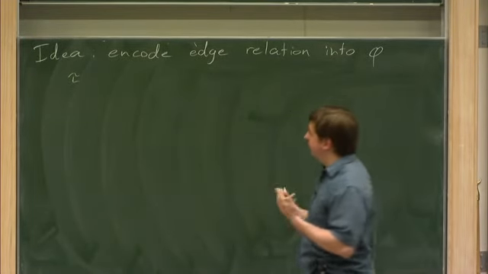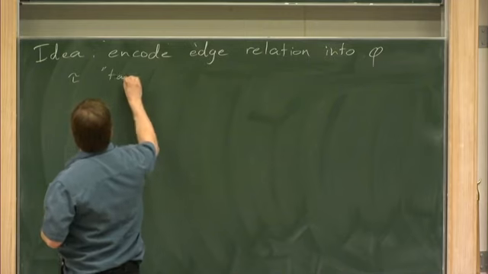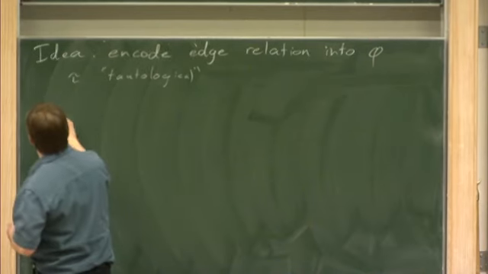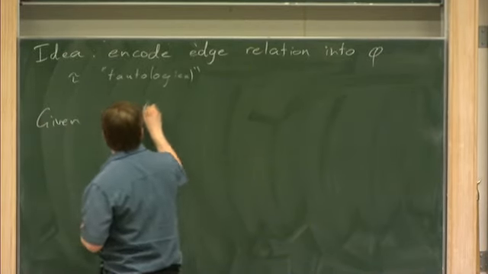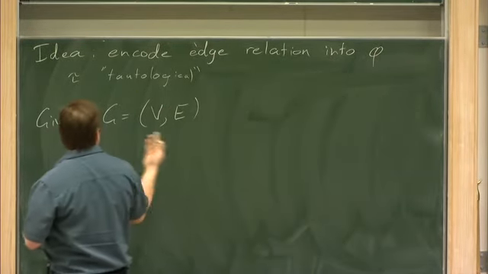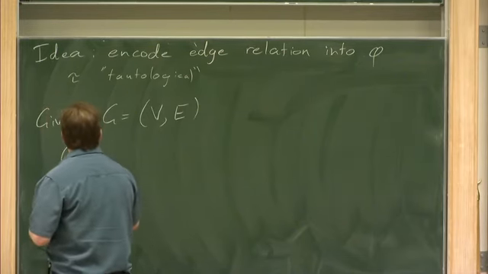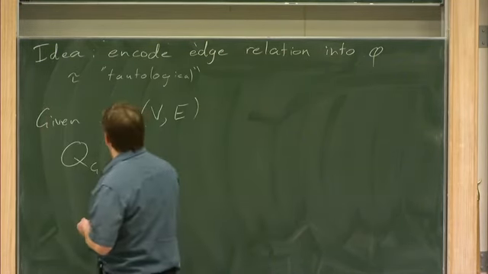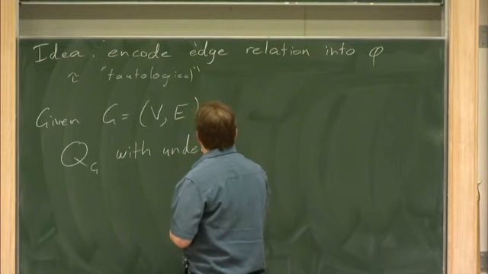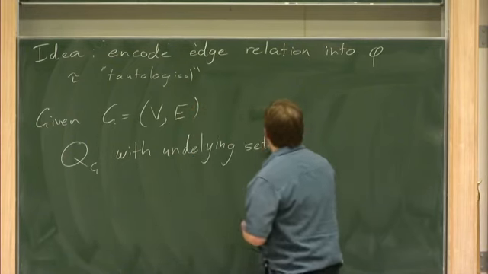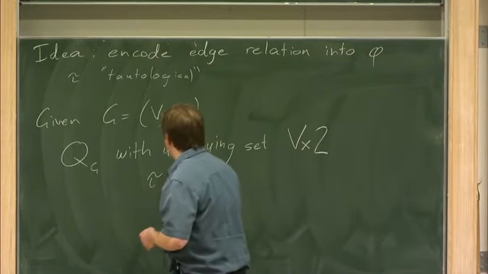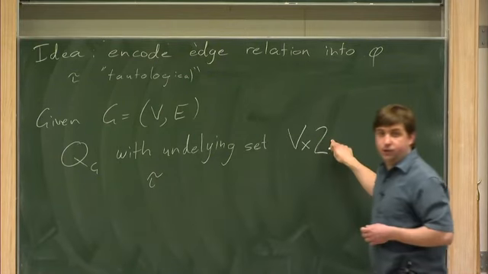So how's it going to work? Given, let me write that down. So given a graph G, vertex set and edge set, then you can define the kei or the quandle for G with underlying set V times 2, and then tau is just going to be the involution on the second component.